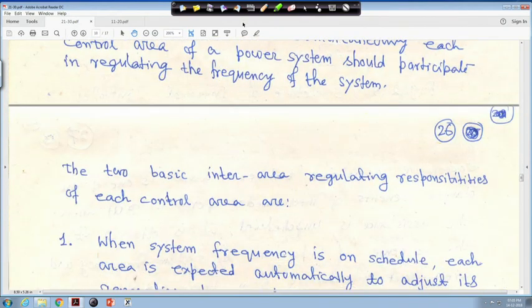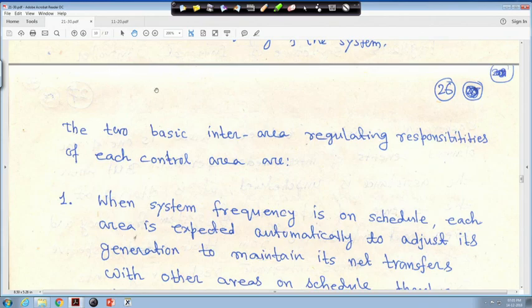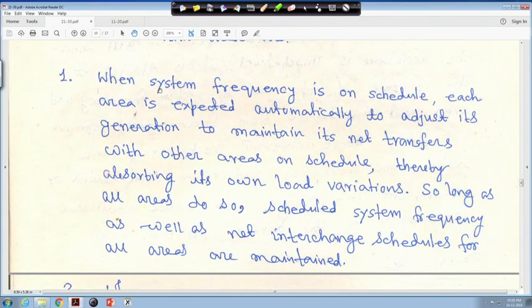The two basic inter-area regulating responsibilities of each control area are as follows. First, when system frequency is on schedule, each area is expected to automatically adjust its generation to maintain its net transfer with other areas on schedule, thereby absorbing its own load variations. So long as all areas do so, the scheduled system frequency as well as the net interchange schedules for all areas are maintained.